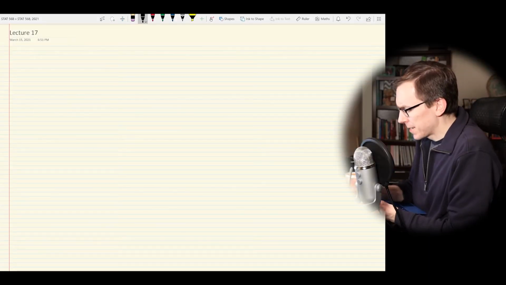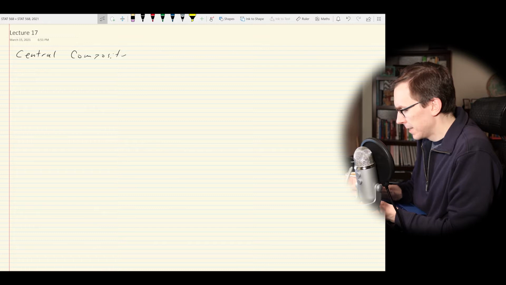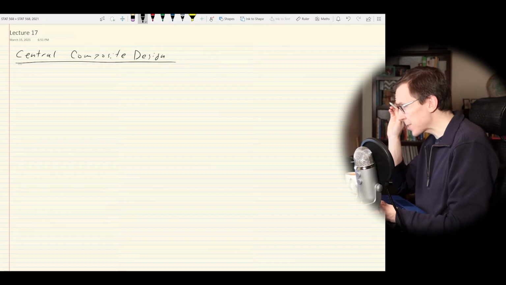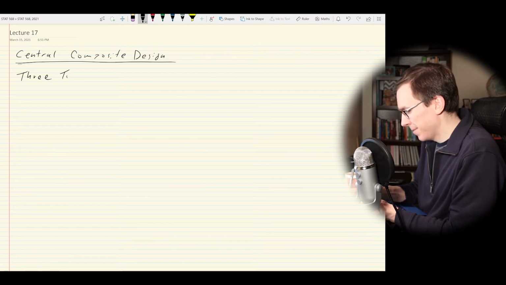So we're going to be discussing today the central composite design as we discussed in the last lecture. So the central composite design, if you recall, is made up of three types of points, which are going to be the center.